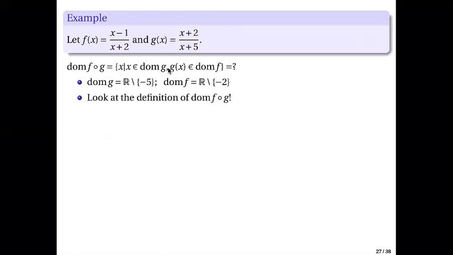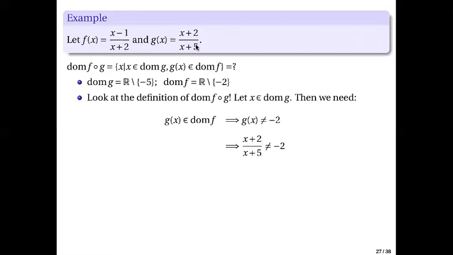So let x be in the domain of g, which means x cannot be -5 already. Then we need g of x not equal to -2. Then we solve this.